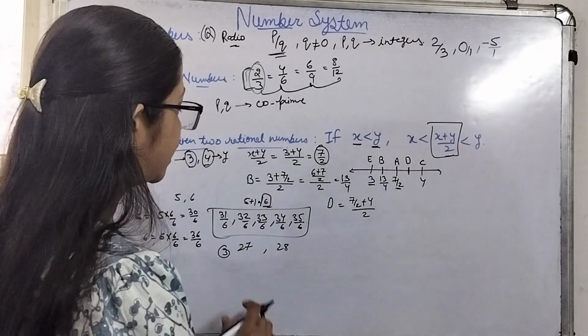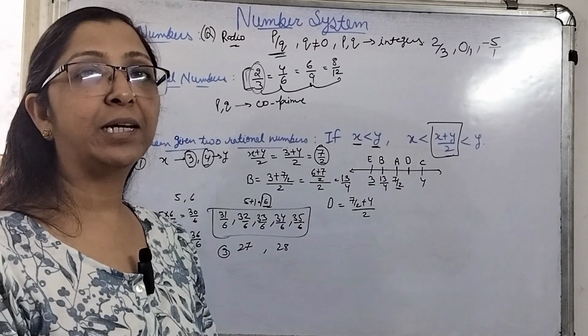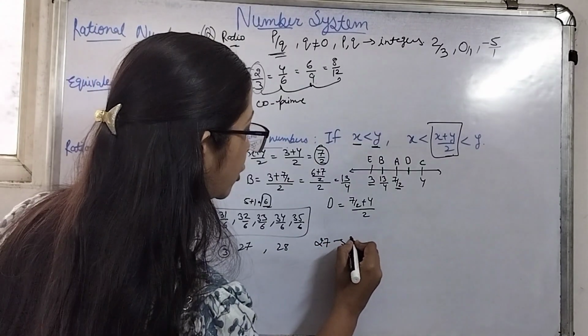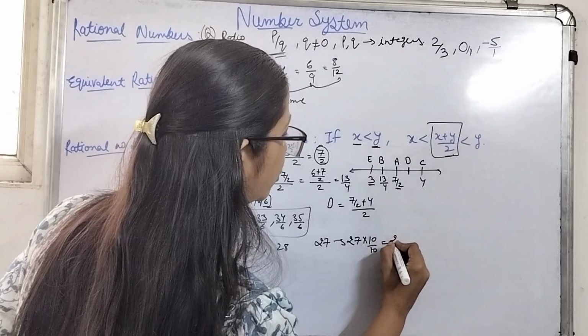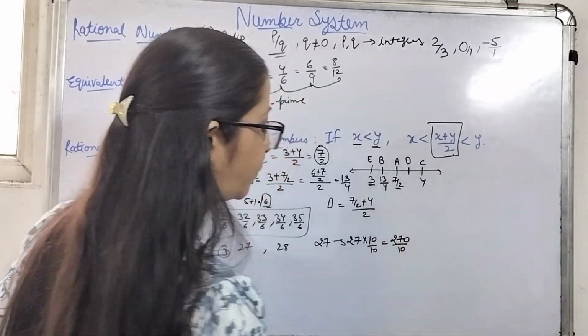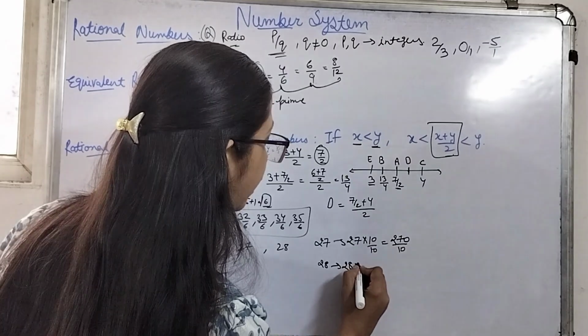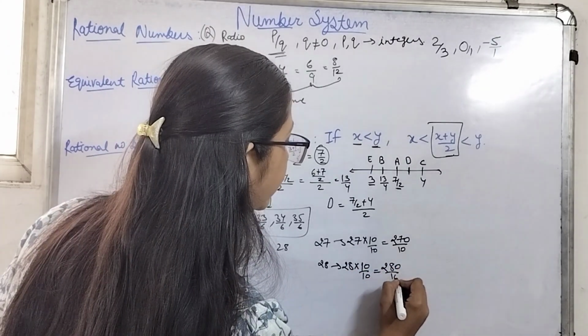So what we could do is, we can simply multiply and divide by 10, so that our calculation will become easy. 27 could be written as 27 multiplied by 10 divided by 10, that is 270 over 10. Similarly, 28 could be written as 28 multiplied by 10 divided by 10, that is 280 over 10.